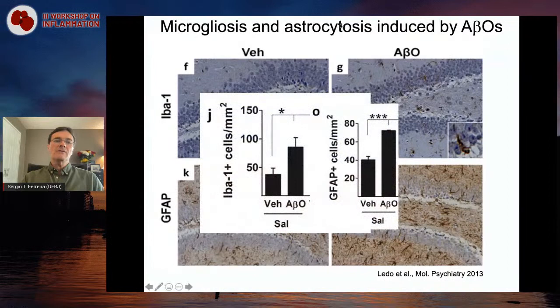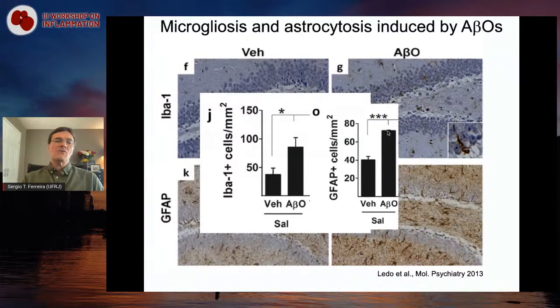And when we counted the number of IBA1 positive cells, or microglia, or myeloid cells, we saw a marked increase in the numbers of cells in the brains of mice that received A-beta oligomers compared to control mice that received vehicle. And the same happened with astrocytes, with GFAP positive cells.